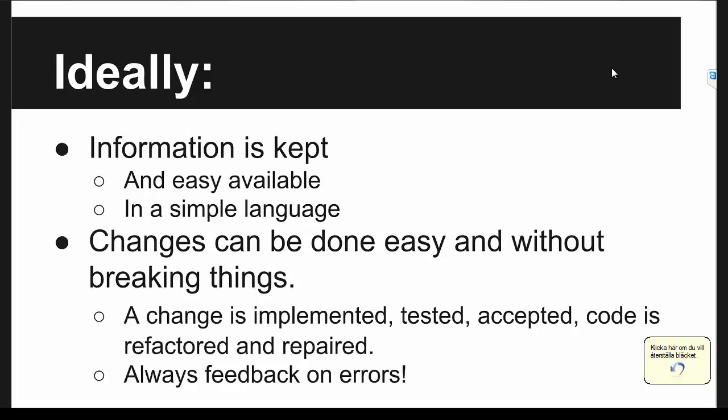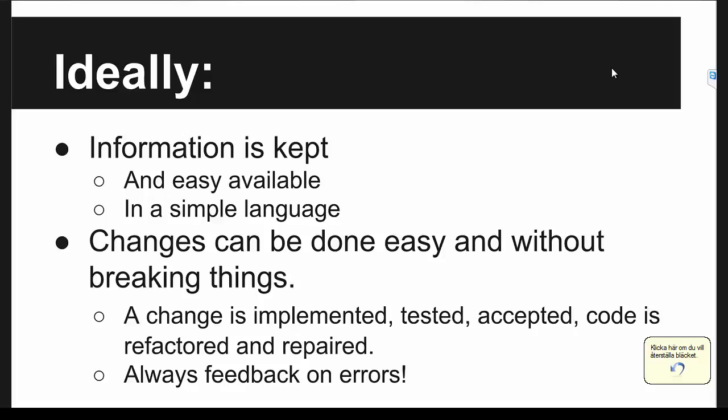So someone needs to accept this code. And hopefully we get the time to refactor and repair what we broke when we added these new things, because the code probably was not prepared for this. So like I did last lecture, right? Before I changed anything, I did a refactoring that left a space for the new code.